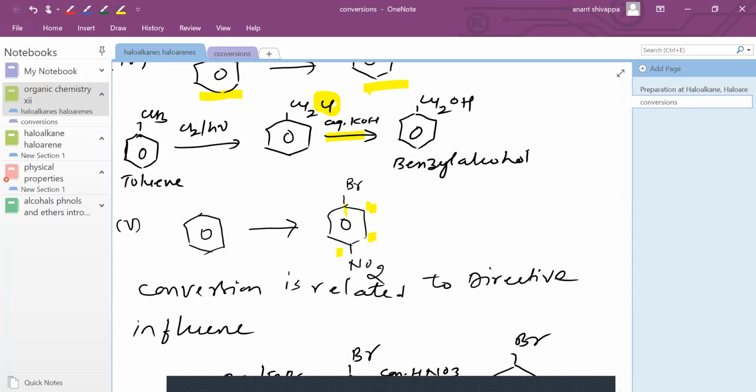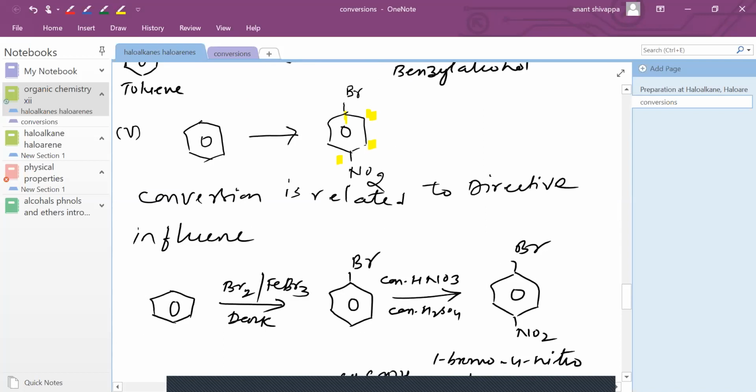This is a question based on directive influence. You know that NO2 is meta-directing, whereas halogen is ortho and para-directing. So this question is based on which group is introduced first, bromo or nitro. If nitro is introduced, then the meta product is formed. If bromo is introduced, then ortho and para products are formed. So therefore, you have to first introduce bromo.